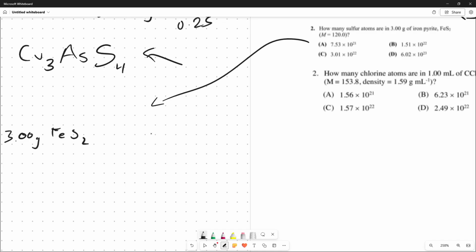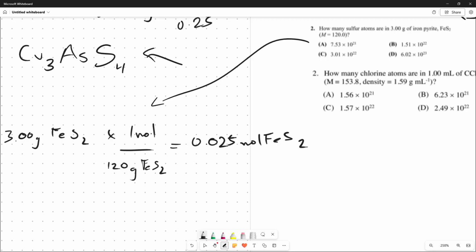For every 1 mole, we have 120 grams of iron pyrite. That's going to give us around 0.025 moles of FeS2. Now we have to find the sulfur atoms.